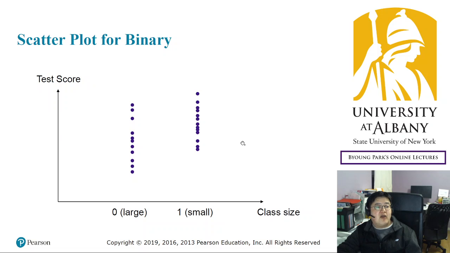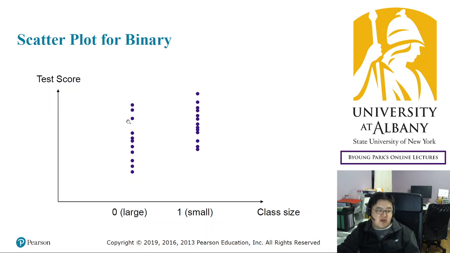Okay, and I added some slides because when you have binary data, the scatter plot is usually a little bit different from the typical scatter plot you see in the textbook, because the only observations are either 0 or 1.